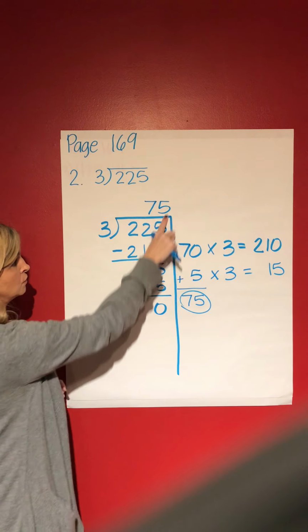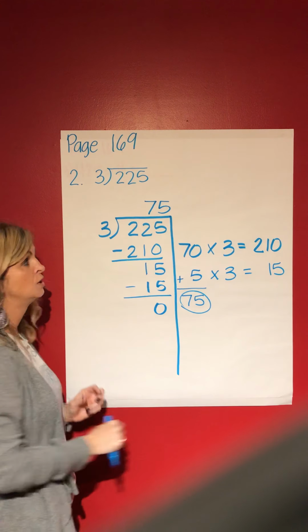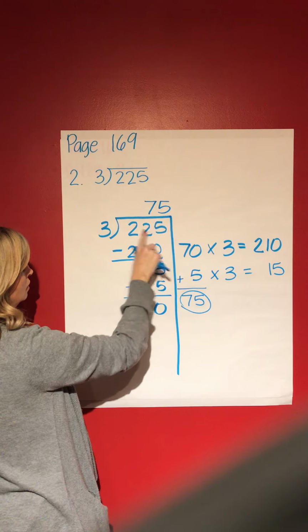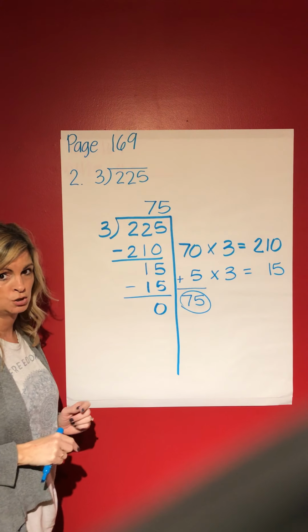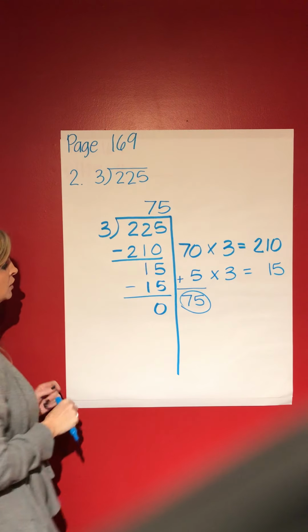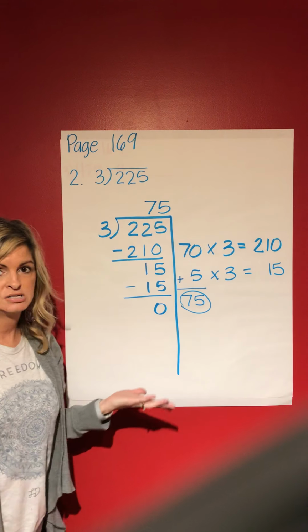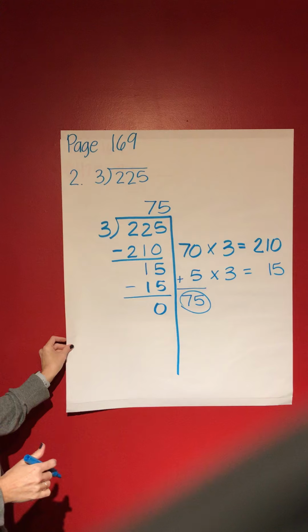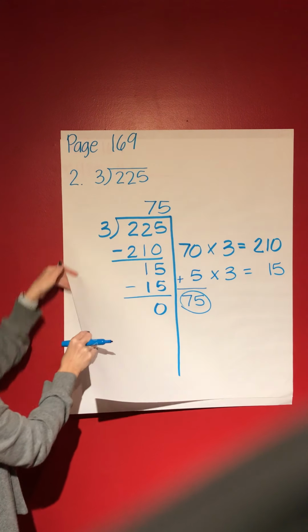Do you notice how they're lined up according to place value? My ones are here and my tens are here, and there aren't any hundreds in this particular one, okay? So that would be a 0, but we don't put a 0 there because there's no need to. All right, so there is the first one.